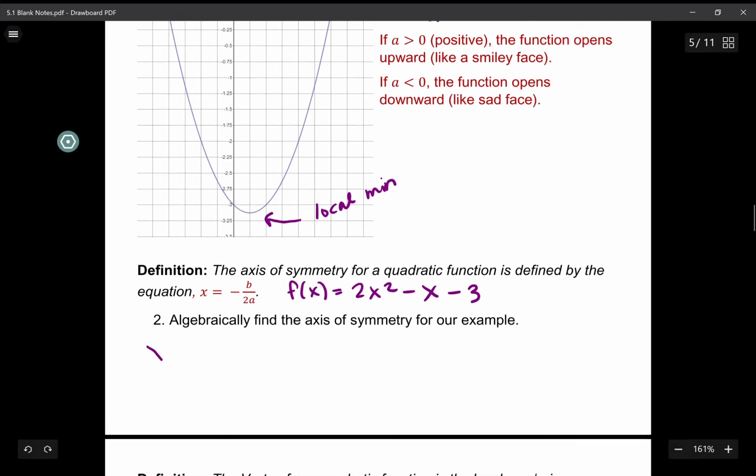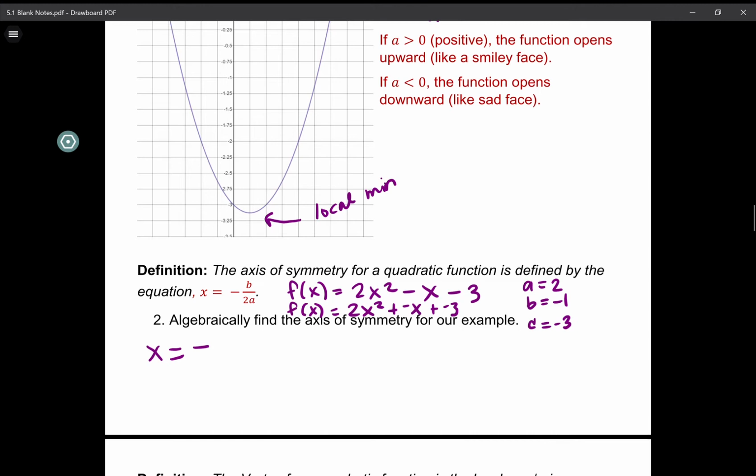Well, we want x equal to minus b, which is, in this case, a is 2, b is negative 1, that's what's sitting in front of there, and c is negative 3. So you have to be a little careful when you're picking these out. Sometimes it really helps if you rewrite with all plus negatives instead of subtracts. 2x squared plus minus x plus minus 3. So a is 2, b is negative 1, and c is negative 3.